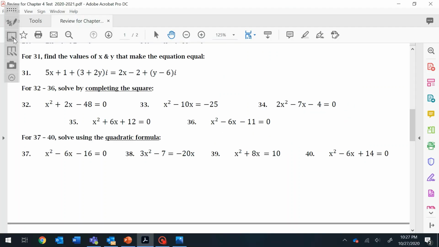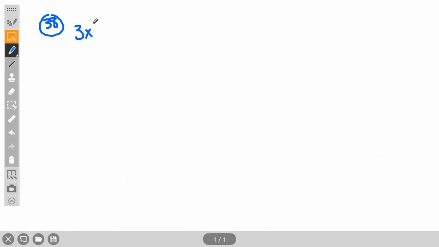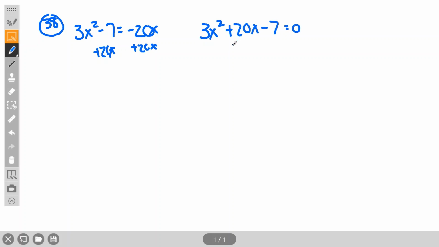38. 3x squared minus 7 equals negative 20x. Alright, but this is not in standard form. The 20x needs to be on the other side. So our standard form, 3x squared plus 20x minus 7 equals 0.